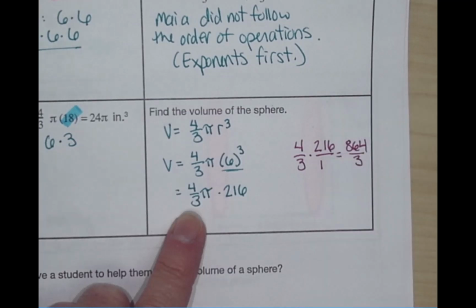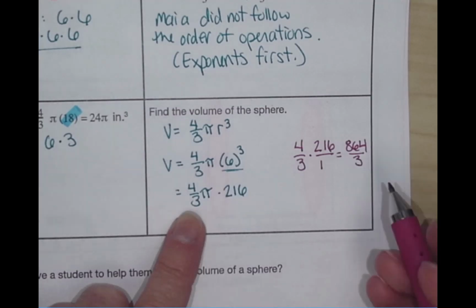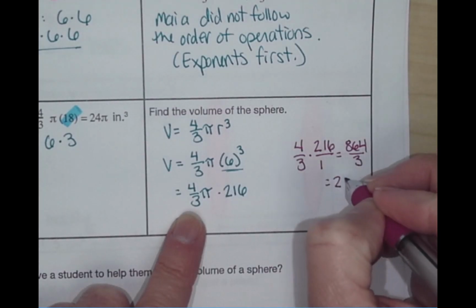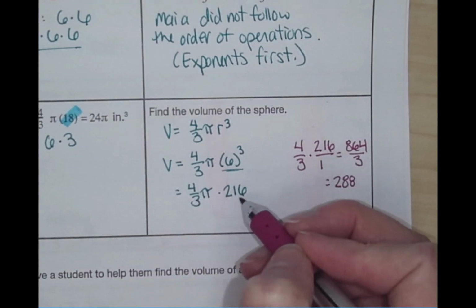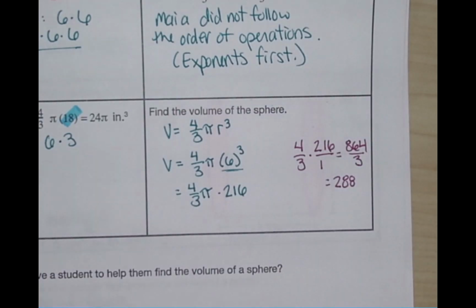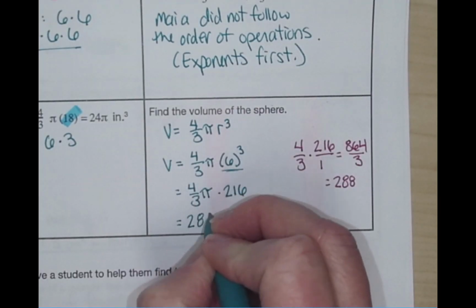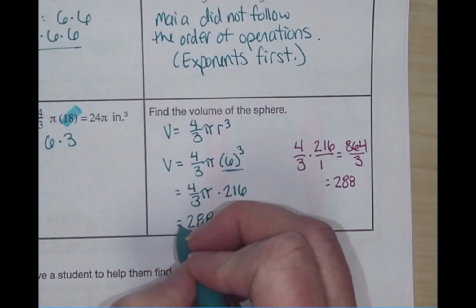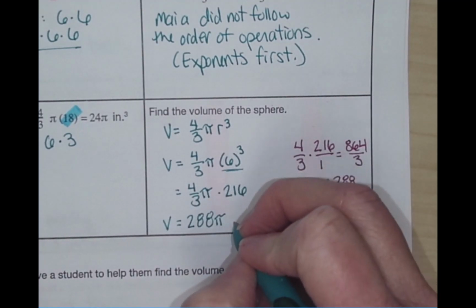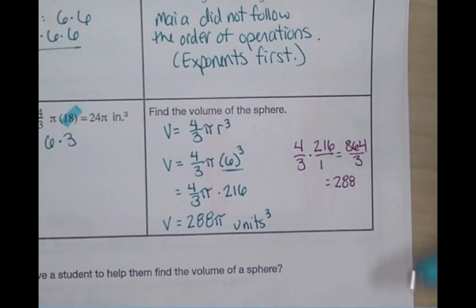And then just divide. 864 divided by 3 is 288. All right, so I multiplied 4/3 times 216, and I got 288. And don't forget the pi. So that's the volume in units cubed of that sphere.